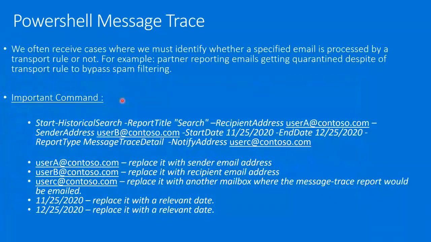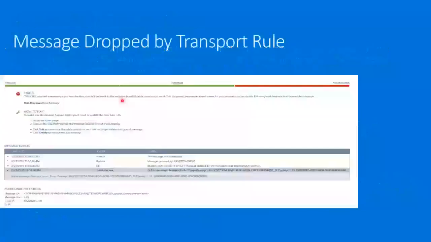This is just an example of a PowerShell cmdlet that is used for historical search, which is also called an extended message trace. When you do a normal message trace, the information that you see is just this one: there was a submit event and the email was received by the EOP server.